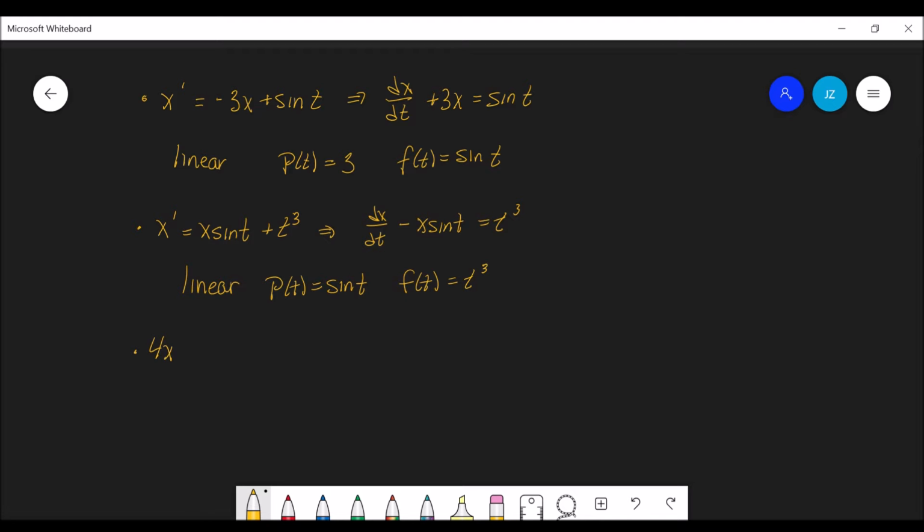So now for x prime plus e to the x, t is equal to 0. Right away we can tell this is not linear, because we have e to the x.